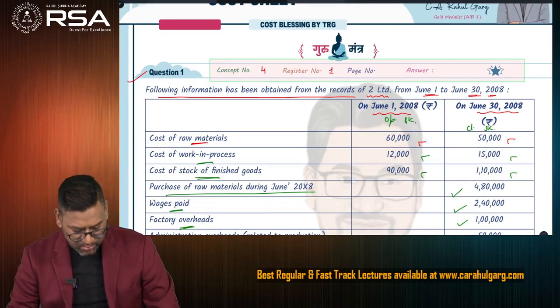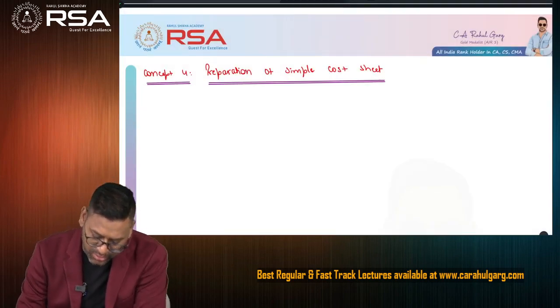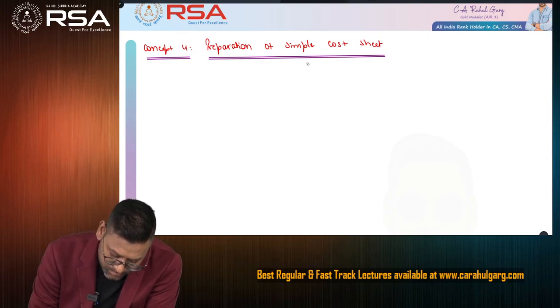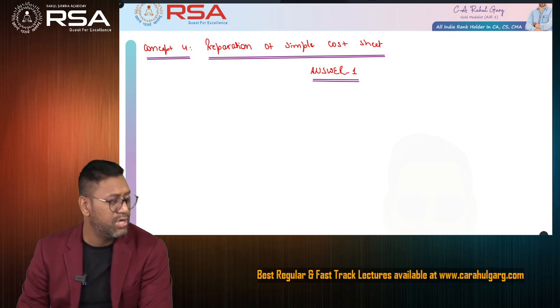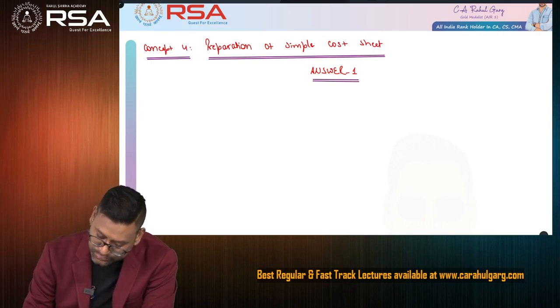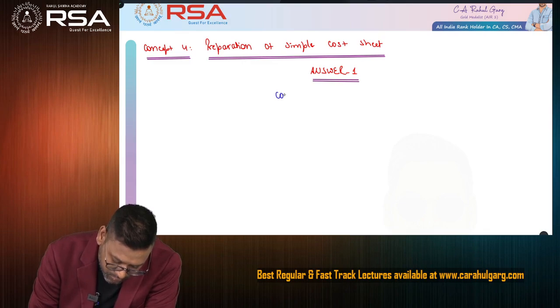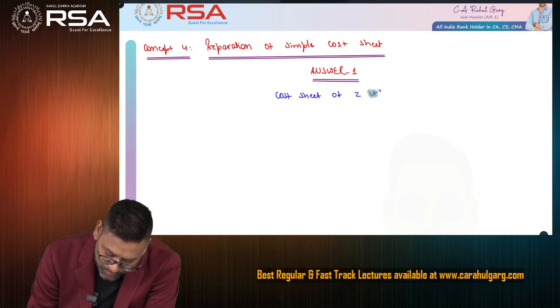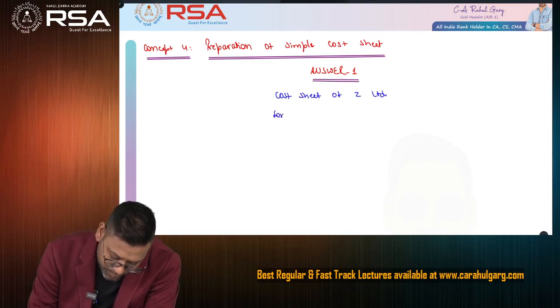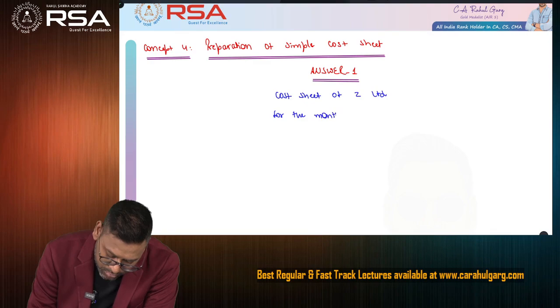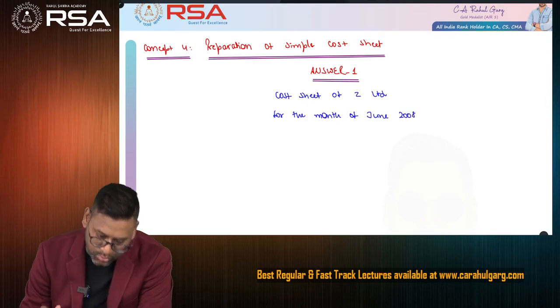Okay. Let us come to our registers to start solving this question. Let us write down answer number 1. So it is the cost sheet of Z Limited for the month of June 2008.